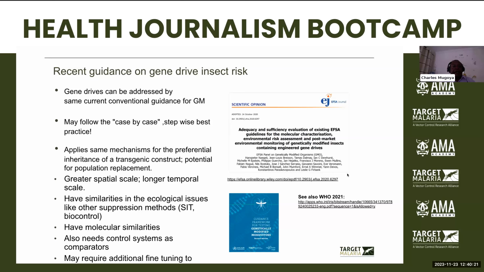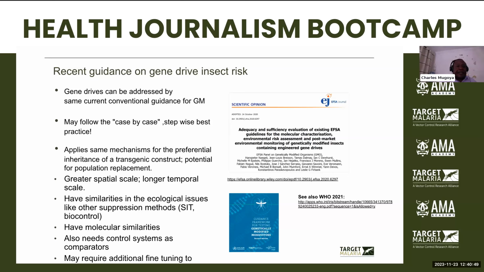And the guidance that we have on gene-drive is that it has the same similarities as the ecological issues that we had from the experience of other suppression methods, like the sterile insect technique and biocontrol mechanisms. So it is the same ecological issues that we interrogate, that we benchmark with.